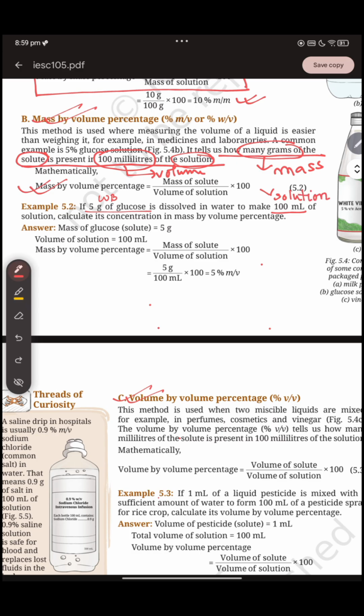Calculate the concentration in mass by volume percentage. This is your formula: mass of solute by volume of the solution into 100. WB was 5 gram, V solution was 100 ml, into 100. So 5%. Here M by V stands for mass by volume, and M by M stands for mass by mass.